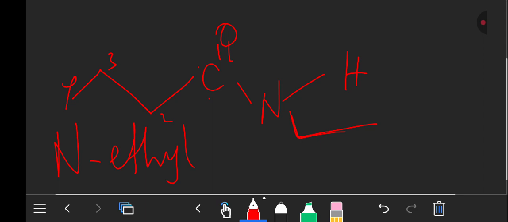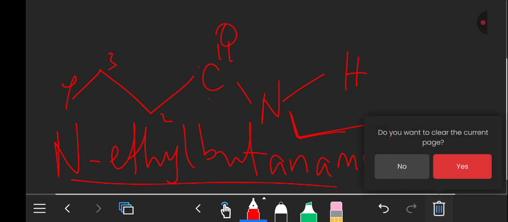So it is butane, right? So I'll say butane. I'll remove E. I'll put amide. So this is the name. It is N-ethyl butane amide.